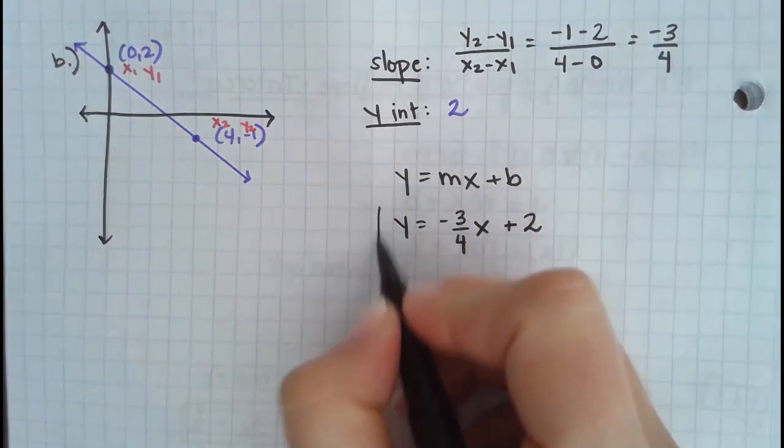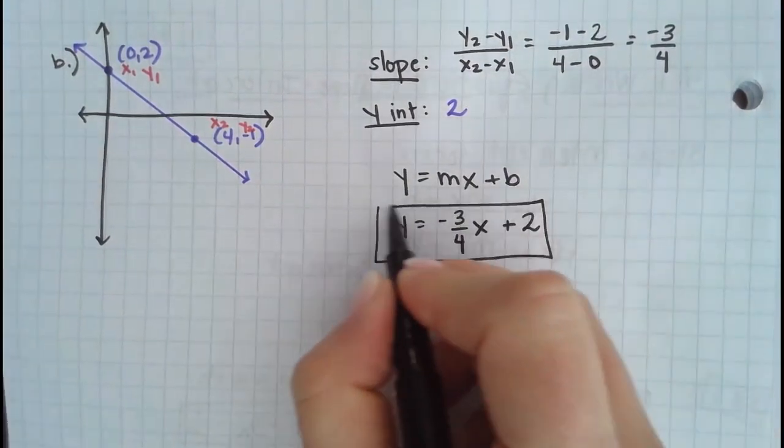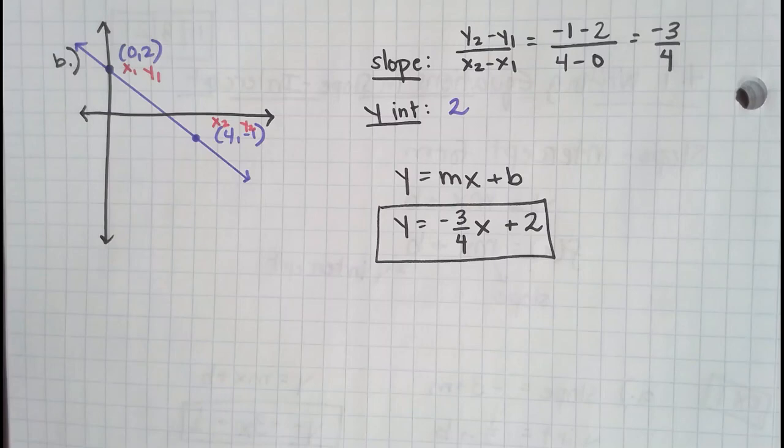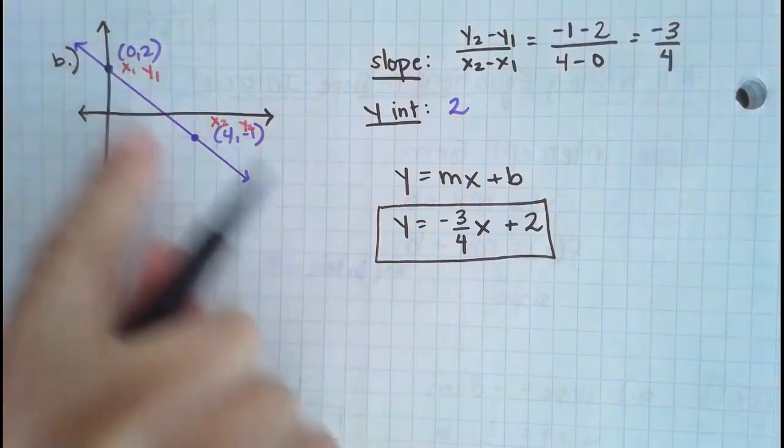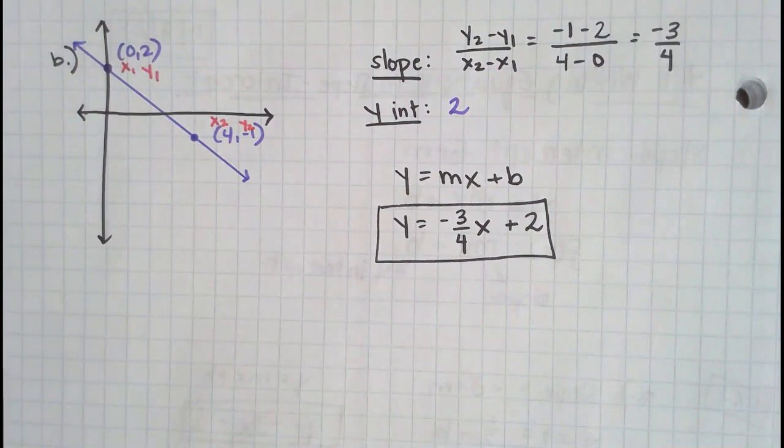So negative 3/4 x plus 2. Okay? So however you want to find the slope, as long as you do the math correctly, is fine. You can count rise over run, or you can do slope formula.